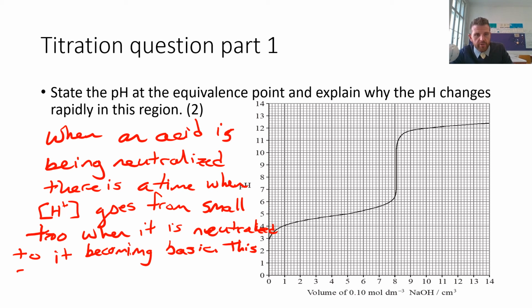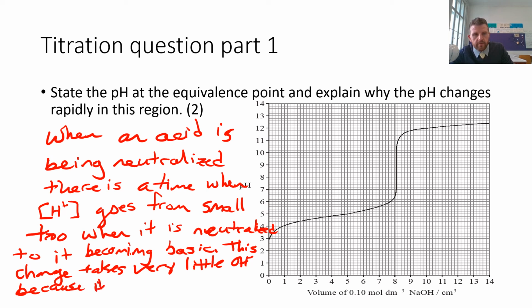This change takes very little OH⁻ because it is log based.